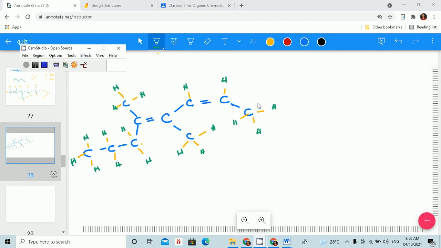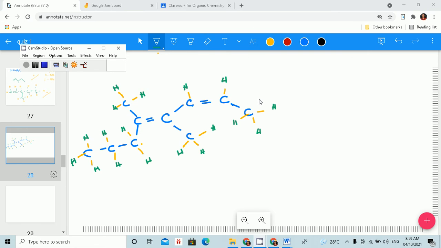Now, the first thing to do is find the longest chain. Let's count. Also, take note that our double bonds will have the lowest number.